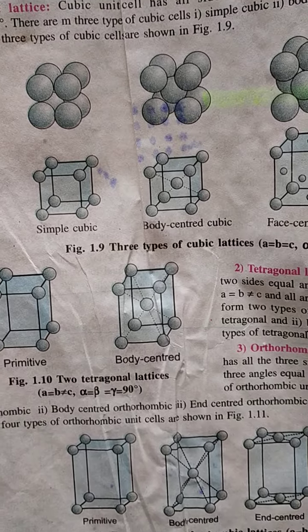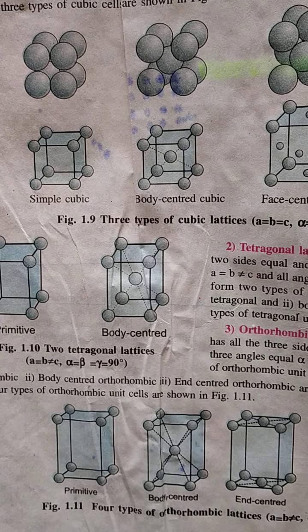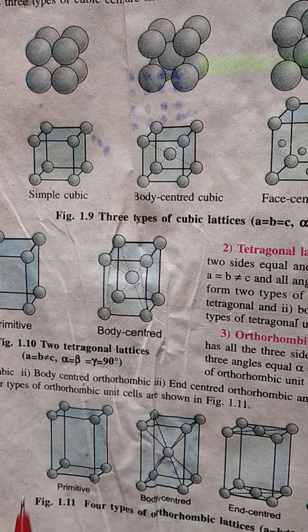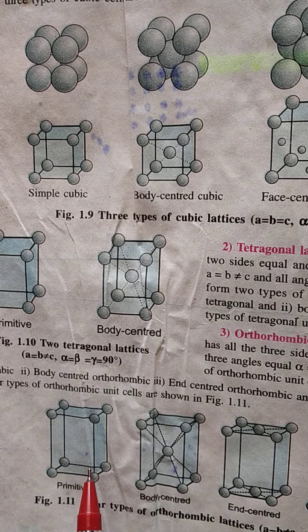The next one is orthorhombic lattice. This is the orthorhombic unit cell, which has 3 sides different.